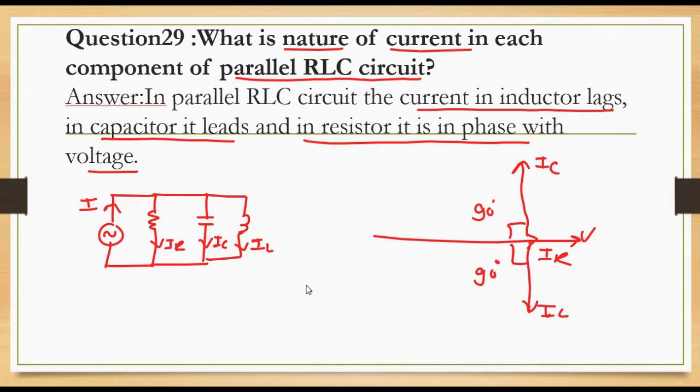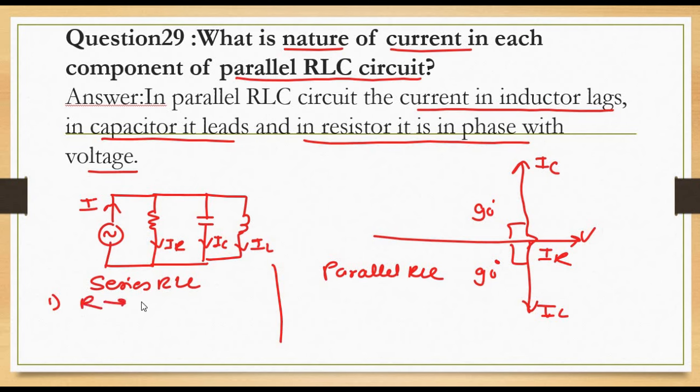And in previous question we have seen series RLC circuit, so you can conclude that in series and parallel RLC, first is voltage of resistor remains in same phase.